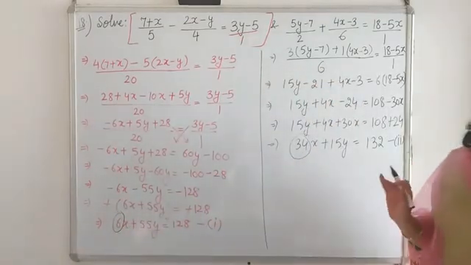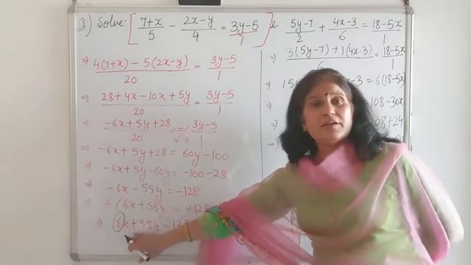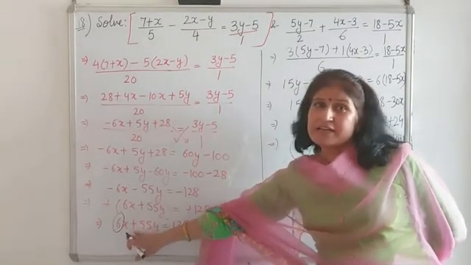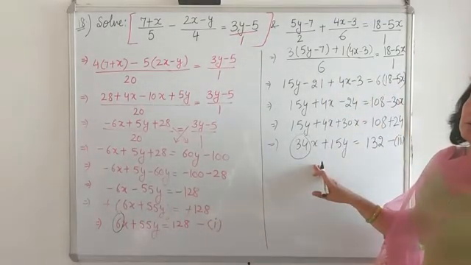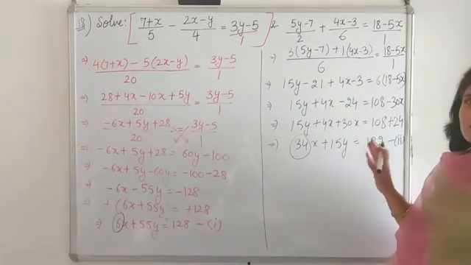This number and this number, LCM is 102. To make this 6 into 102, we have to multiply it with which number? 17. And here with which number? Which number we will take here to multiply? 34 into 3.